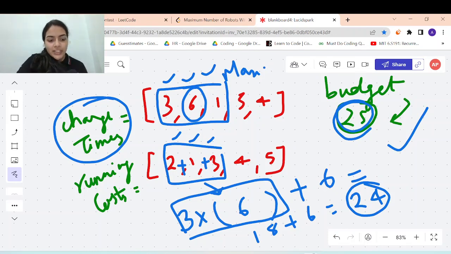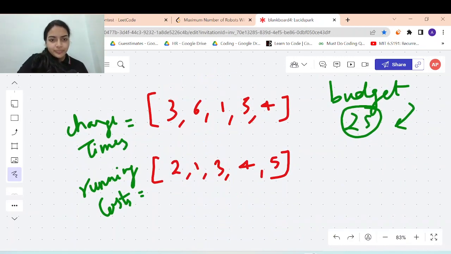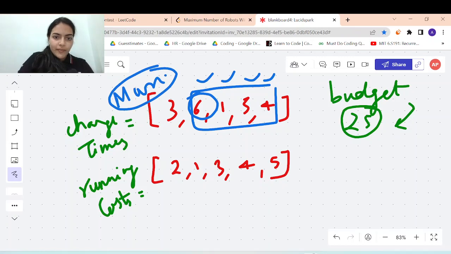But is it the maximum answer? We are not yet sure. Maybe there is some answer with picking 4 robots also. We don't know, but this was just an example. Let's try: what if we try to pick these 4 robots? What is the maximum value of charge times? For charge times, you have to take the maximum value. Here it is 6.